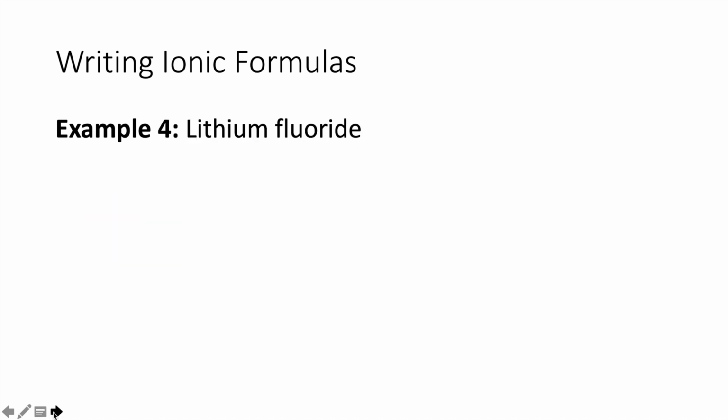Let's do another example. This time we have lithium fluoride. Well, fluoride has the symbol of a capital F, and it's a part of group 17, or 7A, which means it's going to have a negative 1 charge.